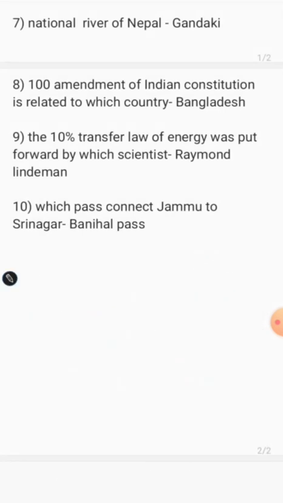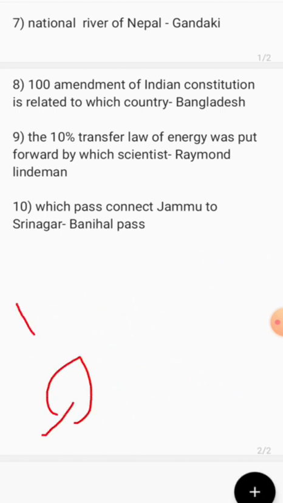The 10% transfer of energy was put forward by which scientist? The 10% transfer of energy means the energy which falls from the sun on the leaf is transferred only 10%.